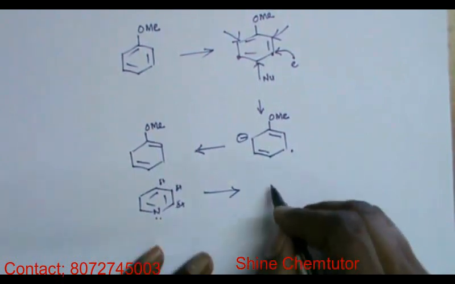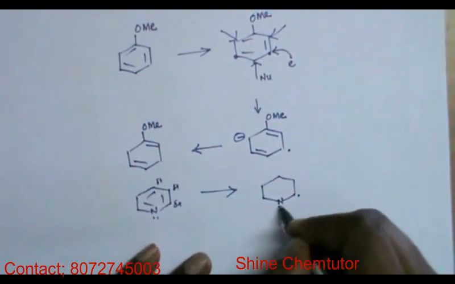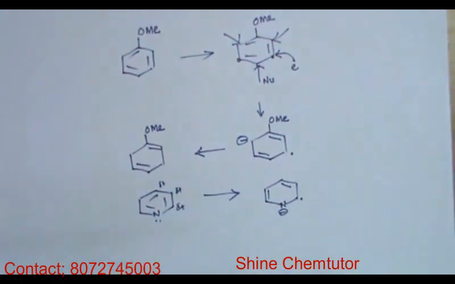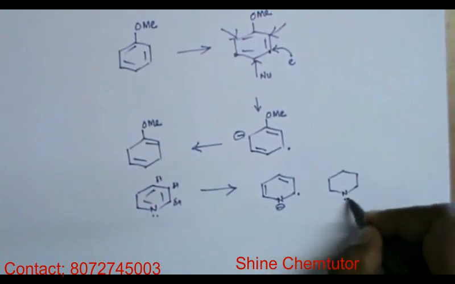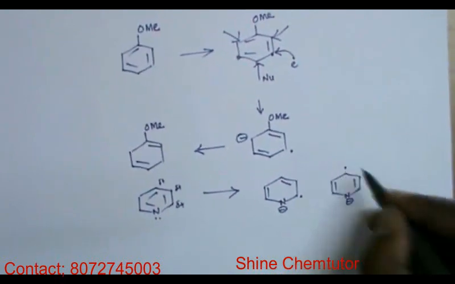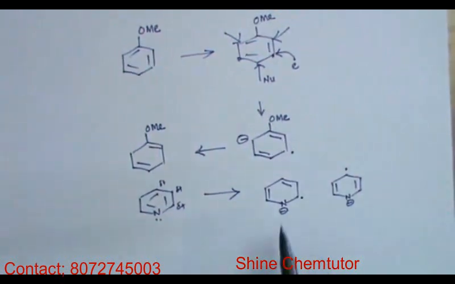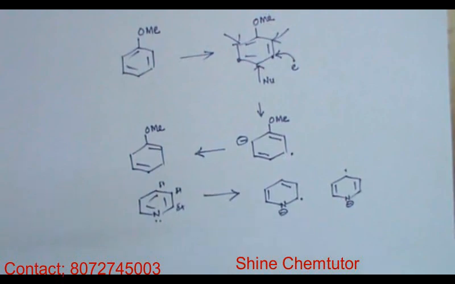But when we go for the reaction, we are not getting this one. Instead of that, we get this intermediate. The reason is that the minus charge should be placed on nitrogen, since it is more electronegative and can pull the electron cloud.